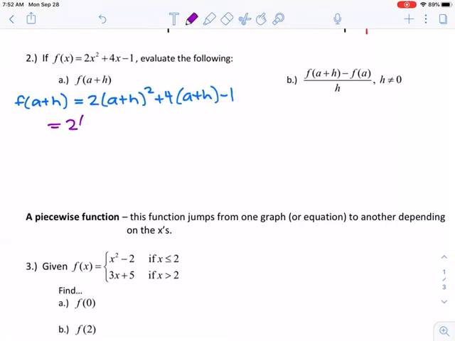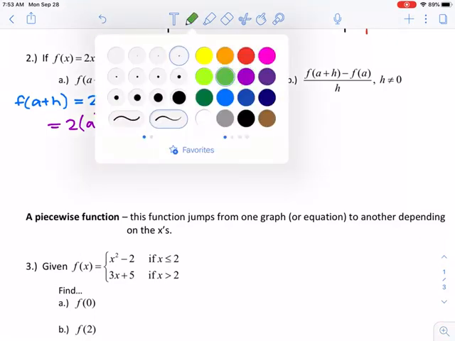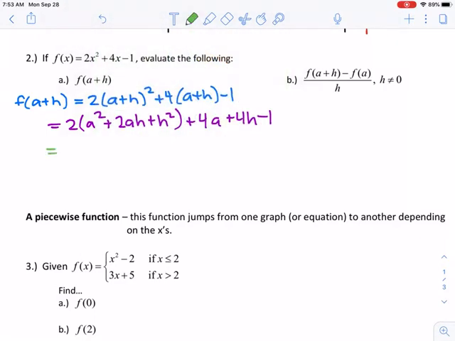I'm going to have 2 times, if I square my binomial, I want to multiply my first times my first is a squared. My outer terms give me an ah. My inner terms give me another ah, which is 2ah. And my last give me an h squared. And then I still have my plus 4a plus 4h minus 1. So let's go ahead and distribute that 2 and then see if there are any like terms to be combined.